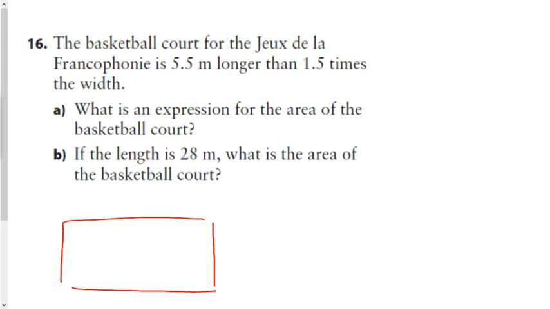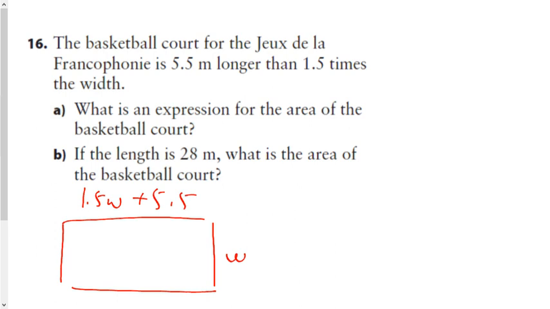So we're going to make the width W. And its length is going to be 5.5 meters longer than 1.5 times its width. So its length is going to be 1.5 times the width. But this distance is going to be 5.5 meters longer than 1.5 times. So we're going to add to this 5.5.